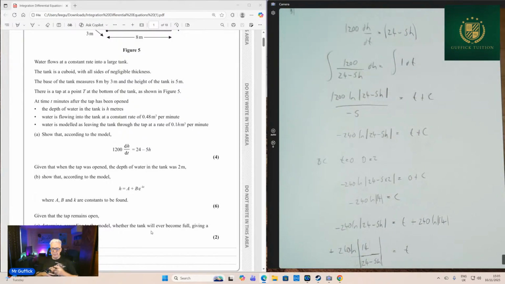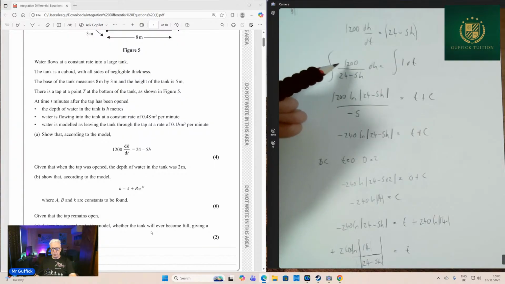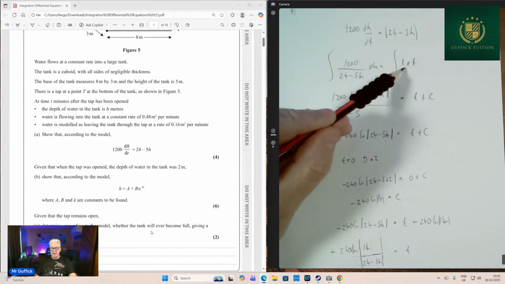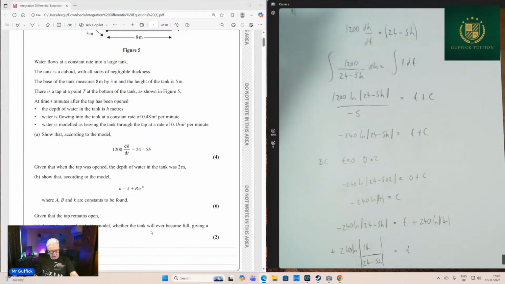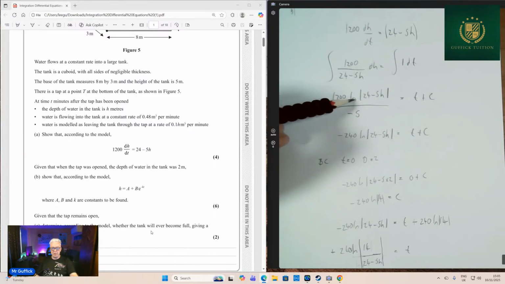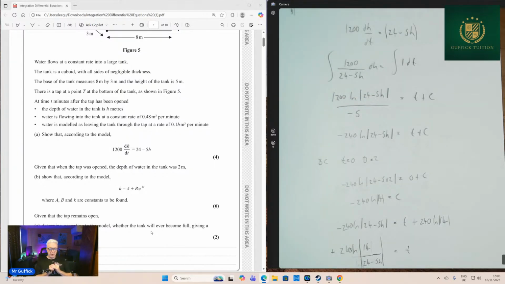So we're going to integrate both sides. So we get the integral of 1,200 over 24 minus 5h is equal to the integral of 1 with respect to t. So when we use the chain rule backwards to integrate this, we have 1 over something goes to ln. So that's going to go to ln 24 minus 5h. But we've got to remember that when you use the chain rule backwards, you've got to remember to divide by the derivative of the inner function.